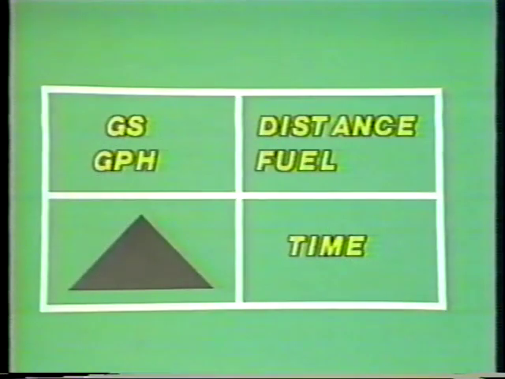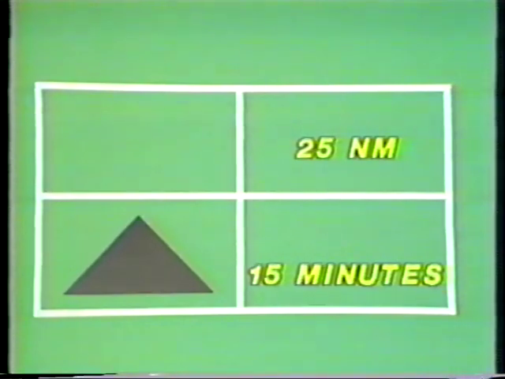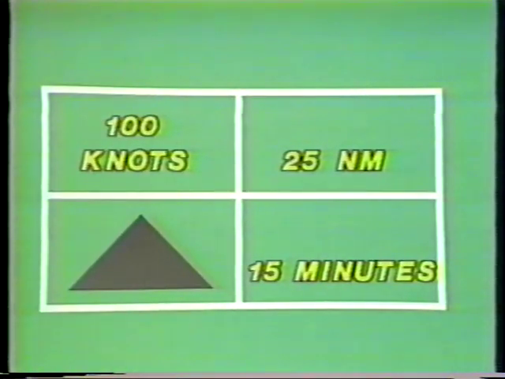The ratio is always like this. The rate arrow always represents 1 hour, and thus is one of the knowns. For example, you know distance, 25 nautical miles, and time, 15 minutes. Ground speed is the unknown. Read it over the rate arrow, 100 knots.